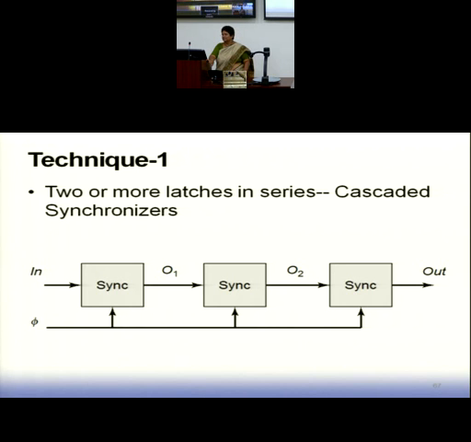So before it goes to the system, it has to go through 5 stages. Every stage requires 1 clock cycle. That means it will have a time of 5 T cycles. I am giving it a waiting time of 5 time cycles, and I am hoping that it will resolve by then. This is the concept which is used in the design of cascaded synchronizers.